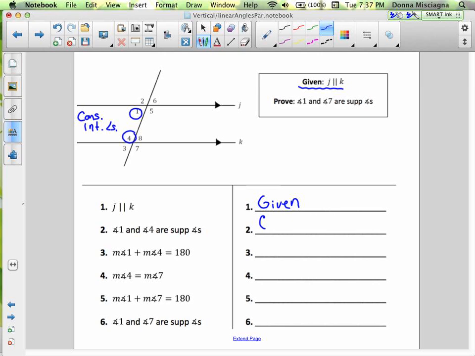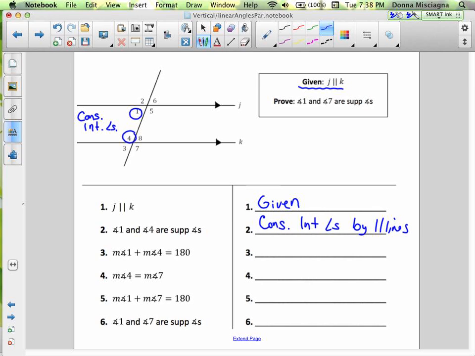So our reason is consecutive interior angles. And if we can squeeze in created by parallel lines, let's abbreviate. We'll drop the word created and just put in by parallel lines, otherwise we're going to run out of space there. So because we have parallel lines, the consecutive interior angles have to be supplementary.